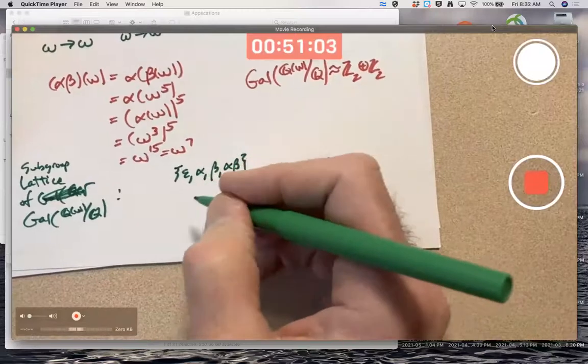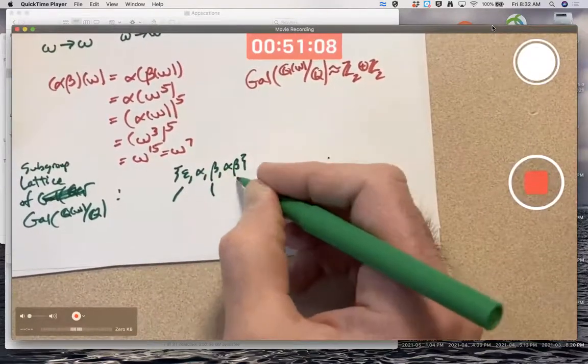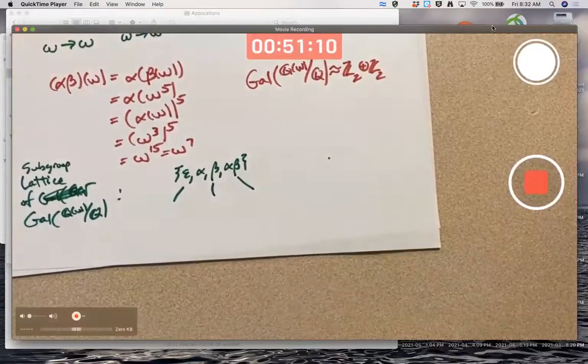Then there are going to be 3 subgroups of order 2. That's different than a cyclic group of order 4, right? A cyclic group of order 4 only has 1 subgroup of order 2, only has 1 element of order 2.